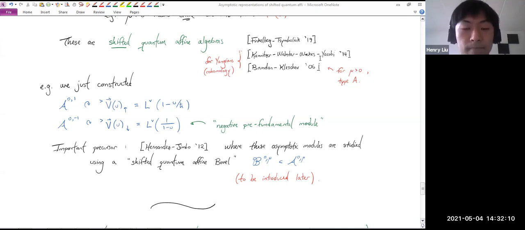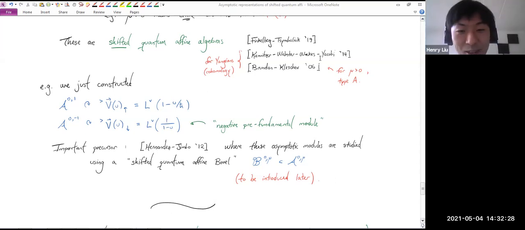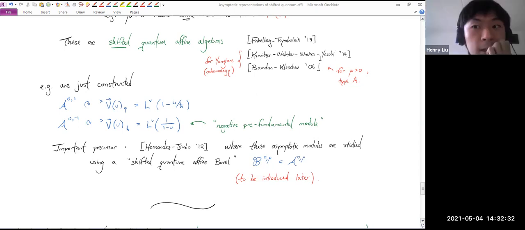Cool. And another question: I know this is not what you want to do, but suppose h bar was not less than 1, not bigger than 1, but a root of unity. Is there a way to take a limit along a subsequence? Yeah, that's an interesting question.